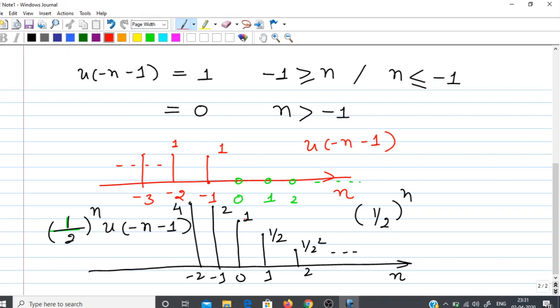The sequence would be non-zero only for n less than or equal to minus 1.